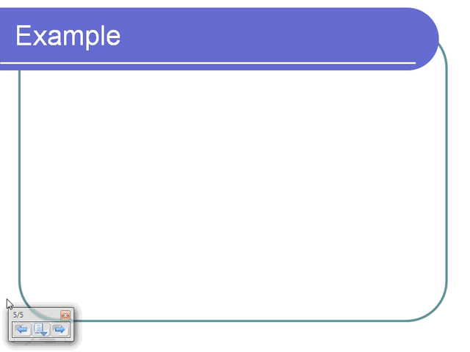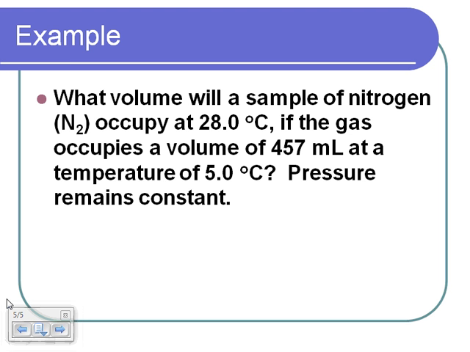Let's do an example of Charles's law. Here's what would be a standard question. What volume will a sample of nitrogen occupy at 28 degrees Celsius if the gas occupies a volume of 457 milliliters at a temperature of 5 degrees C? Pressure is held constant.